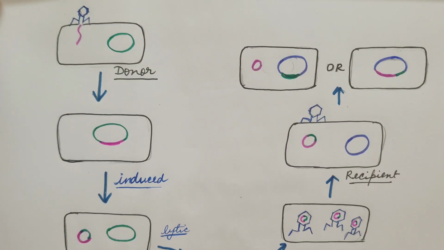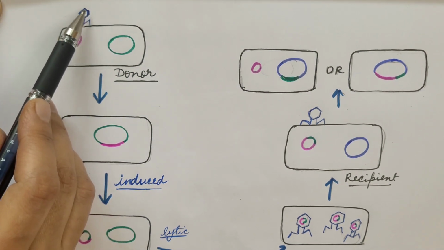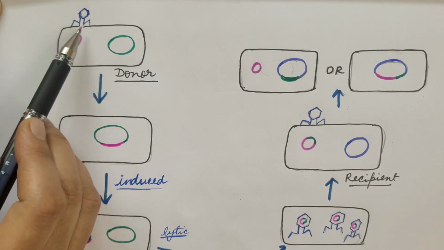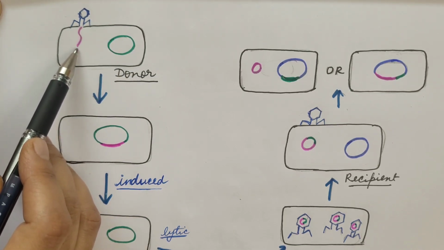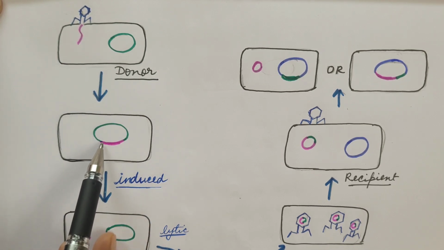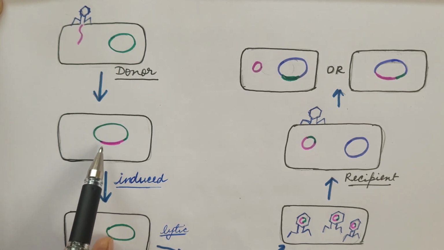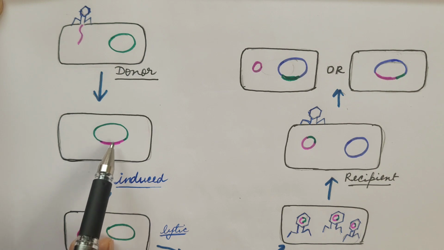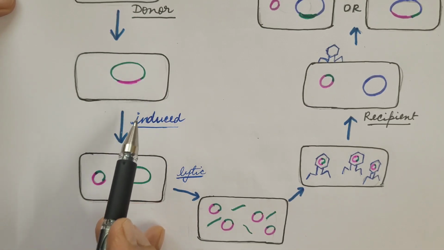Now let us understand this with the help of a diagram. So this is the temperate bacteriophage. It infects the donor bacterial cell and injects its genetic material. Since it shows the lysogenic cycle, the phage genome gets integrated with the donor bacterial genome by site-specific recombination, and it remains intact for several generations.